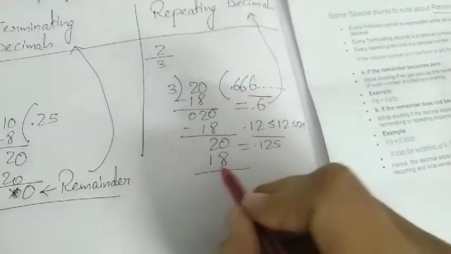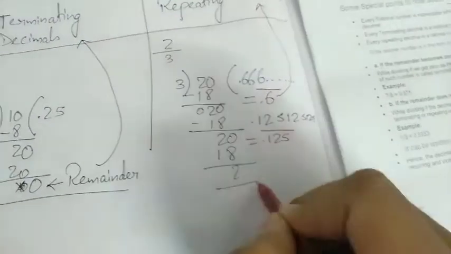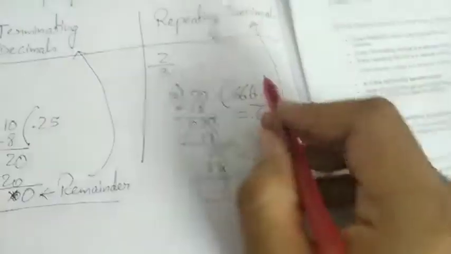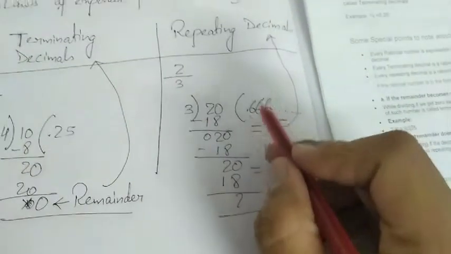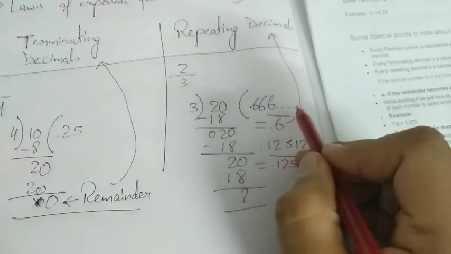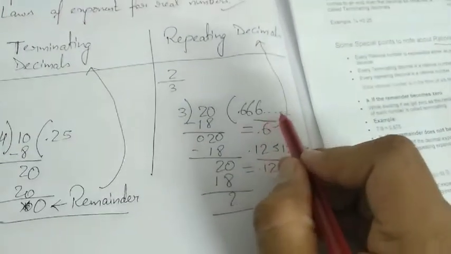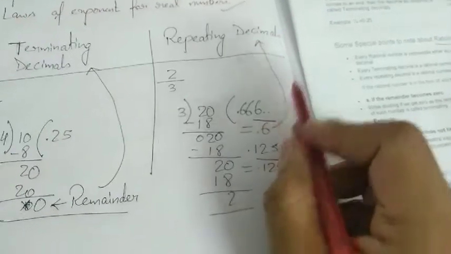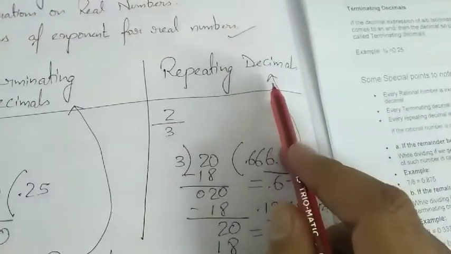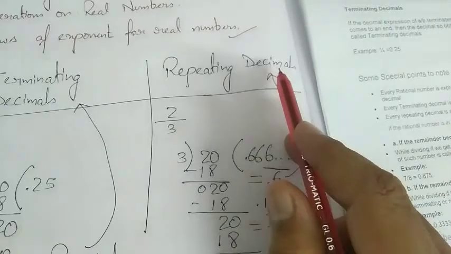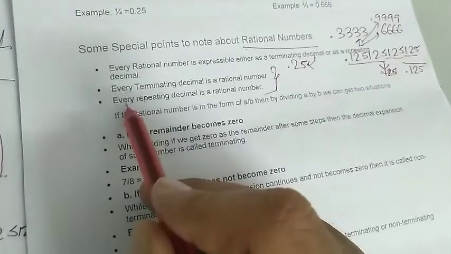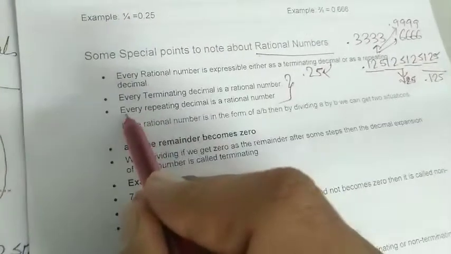And if the remainder is not 0, but your quotient is repeating in nature, then it is called a repeating decimal, and every repeating decimal is a rational number, like we read in the notes that I have made for you.